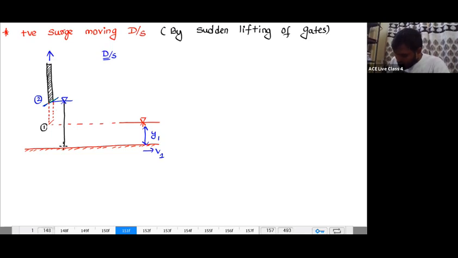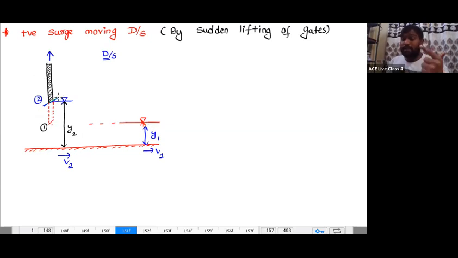Now the depth of flow is y2 and the velocity of flow is no more v1, it is v2. Okay. So initially this is section 1. After some time, when you lift the gate suddenly, the water level rises.